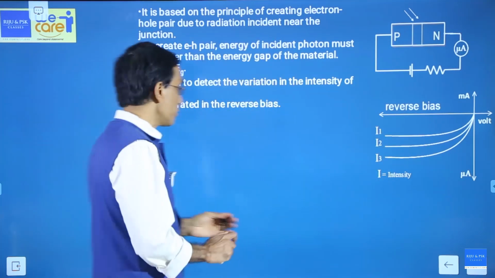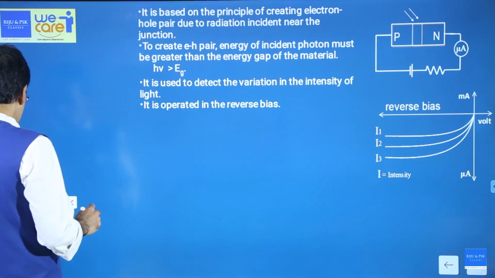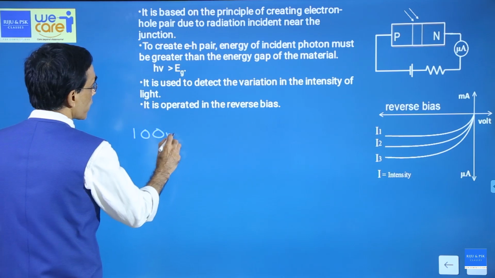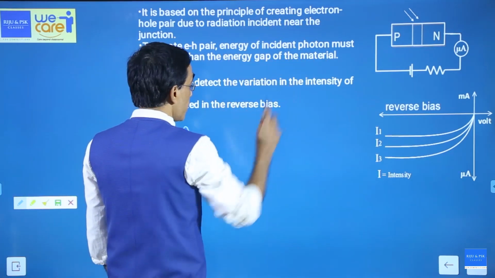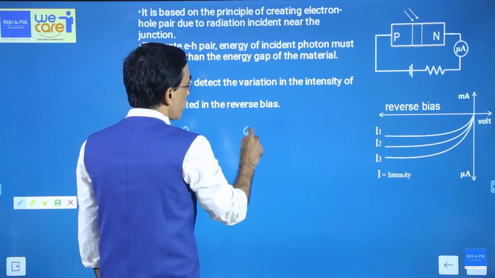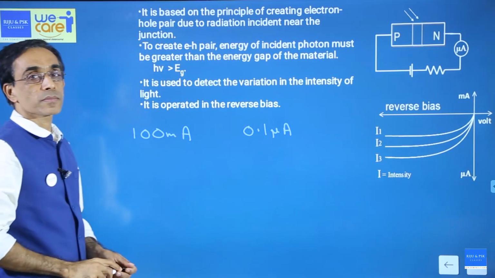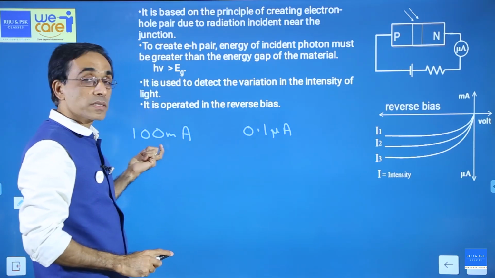If I give you an example, assume that the biasing battery produces 100 milliampere current and the photons produce 0.1 microampere current. 0.1 microampere becomes a very small percentage of this current.